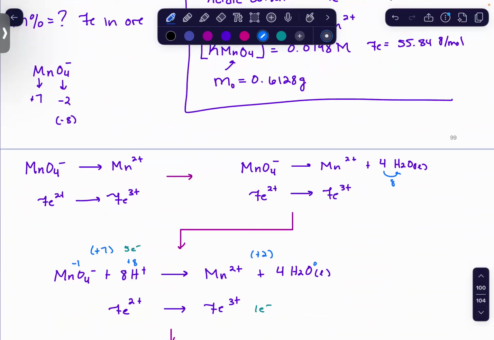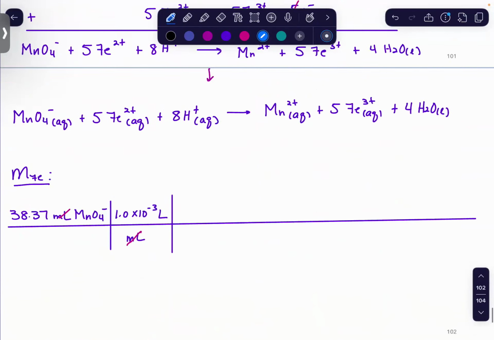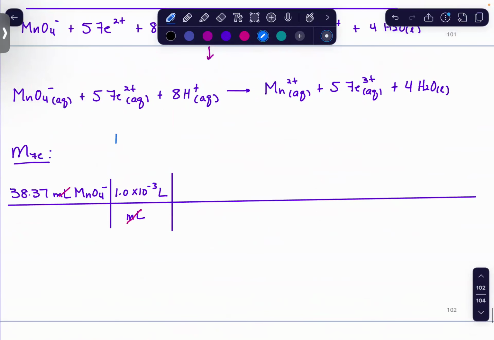And if you think about that, potassium permanganate is a soluble salt, so it will fully dissociate into potassium and permanganate, meaning that whatever concentration the potassium permanganate is, it's the same concentration of potassium ions and permanganate ions.